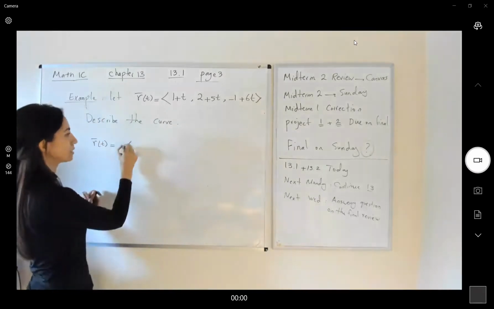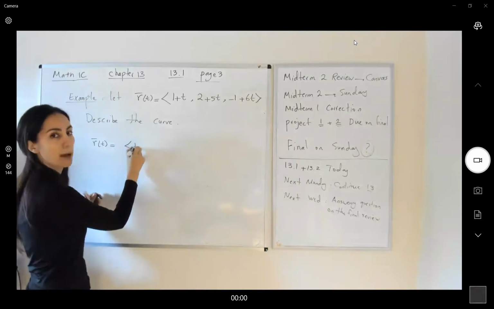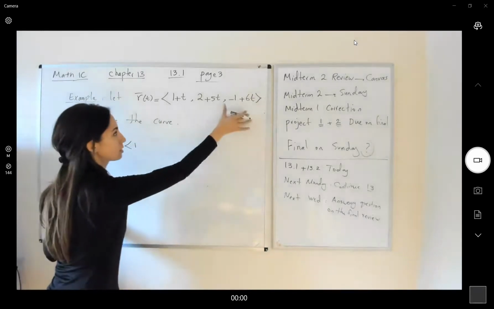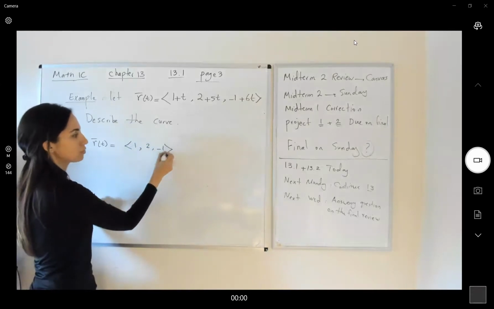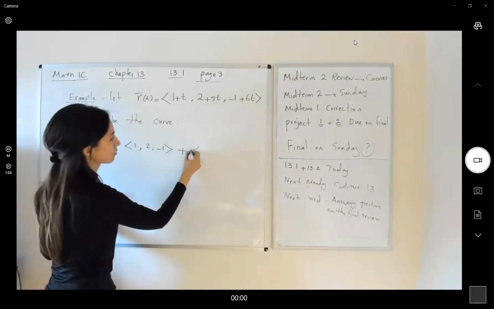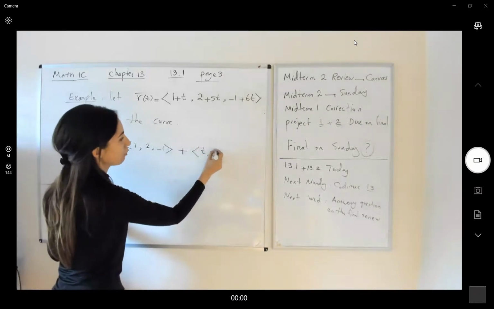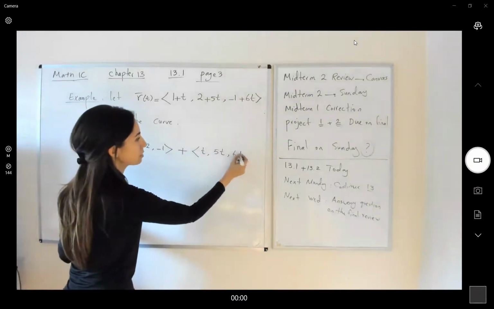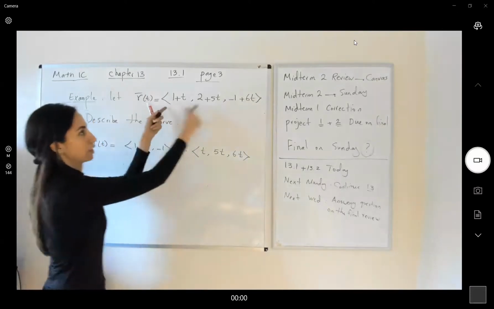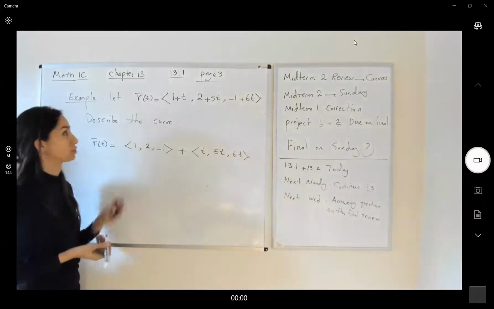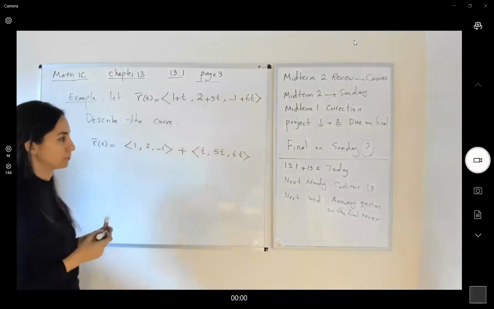I'm going to take these constants and write them outside the vector. So you have 1, 2, minus 1, plus t, 5t, and 6t. Of course, you add two vectors, and you can form this new vector, which is just a vector function.